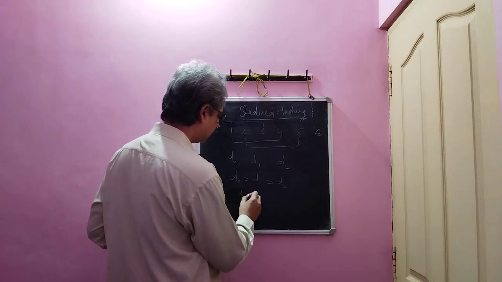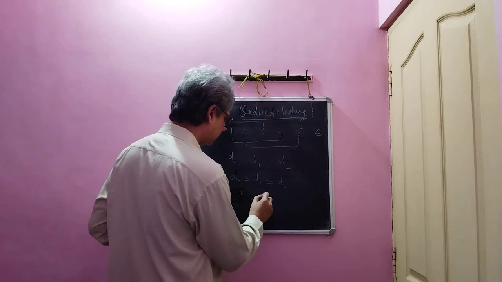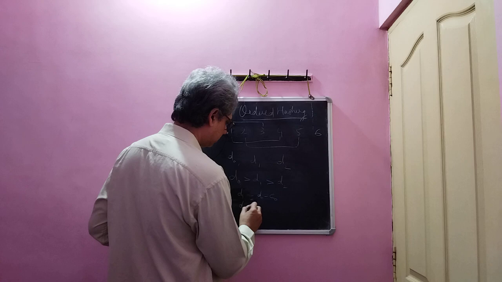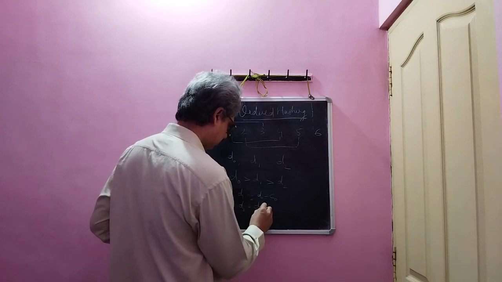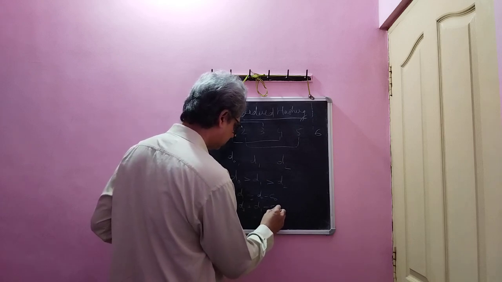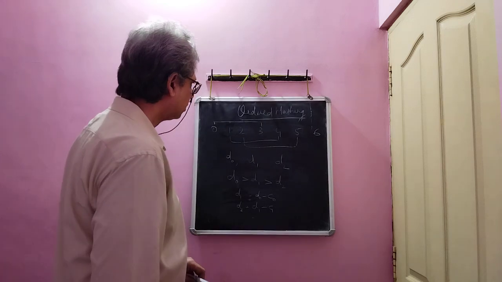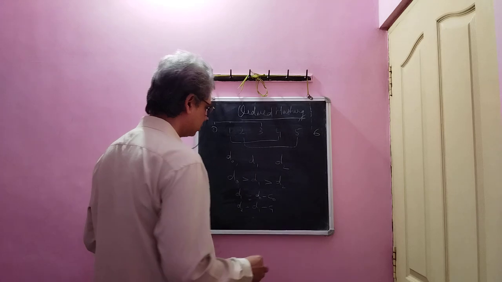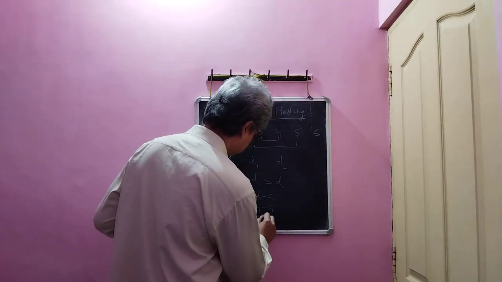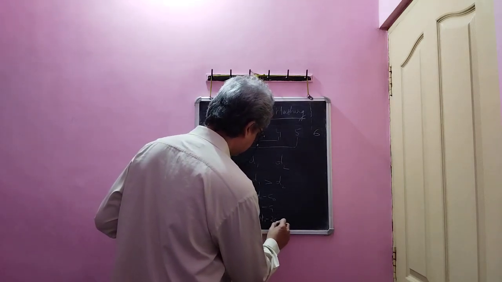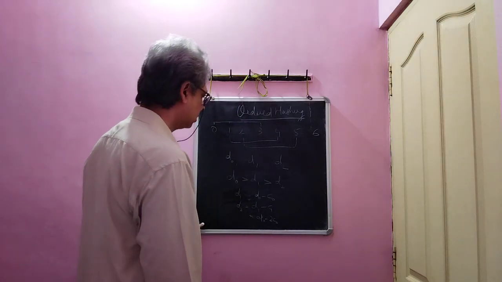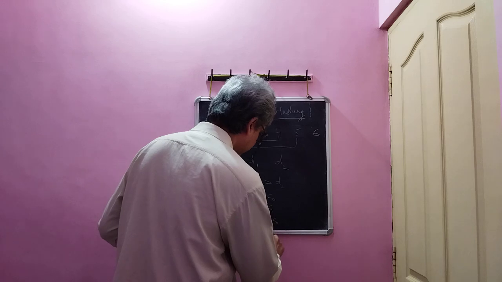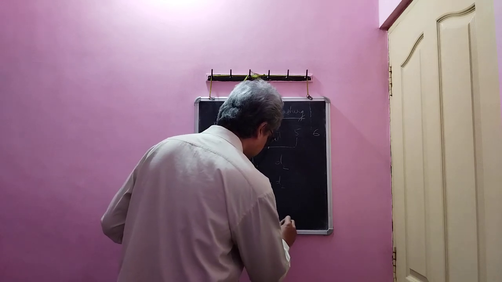We have D1 equal to D0 minus C0, D2 equal to D1 minus C1. Now this is equal to D0 minus (C0 plus C1).